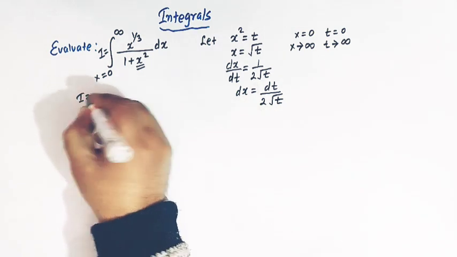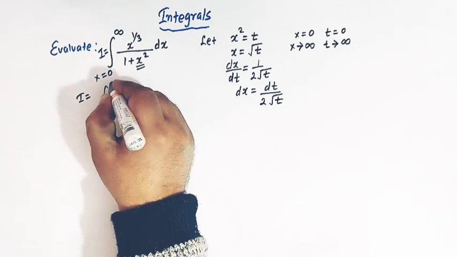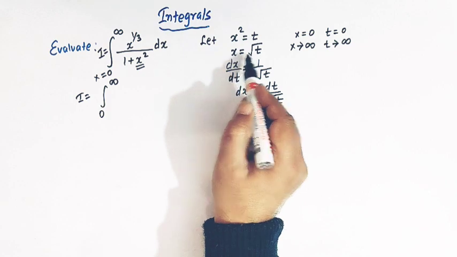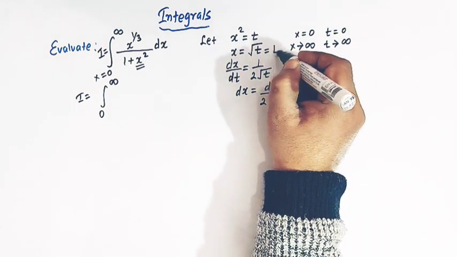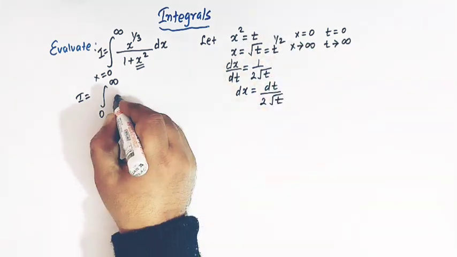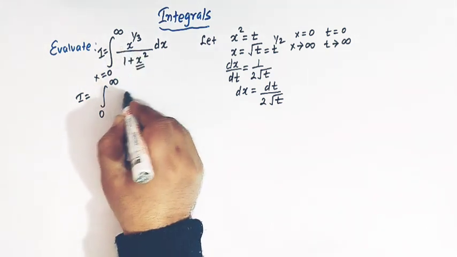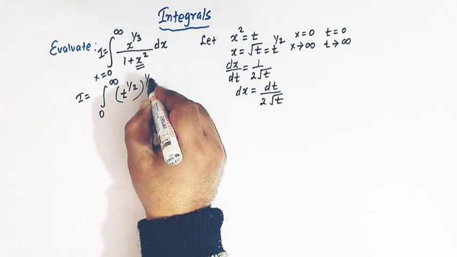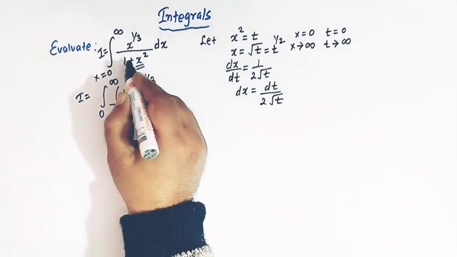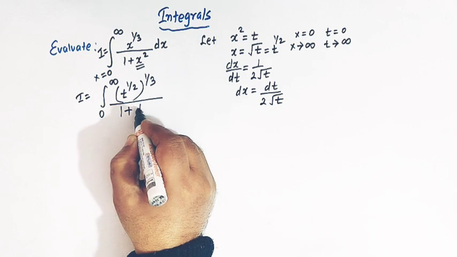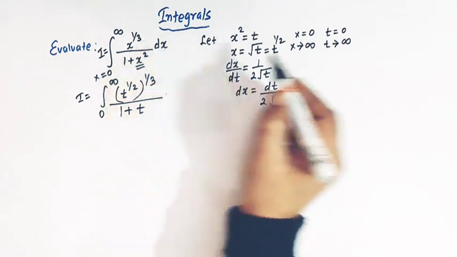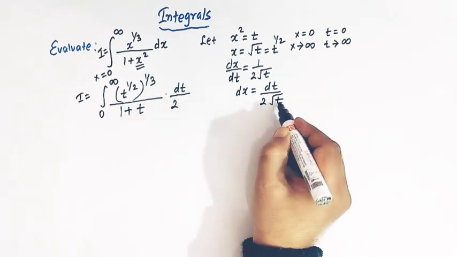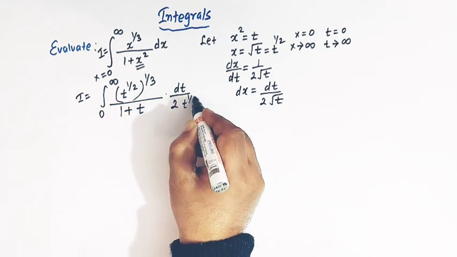So we can now write I as 0 to infinity x raised to 1 by 3. Now see here x is equal to square root of t, which is t raised to half. So here we can write t raised to half raised to 1 by 3, and in the denominator we have 1 plus t, and for dx we can now write dt over 2 times t raised to half.